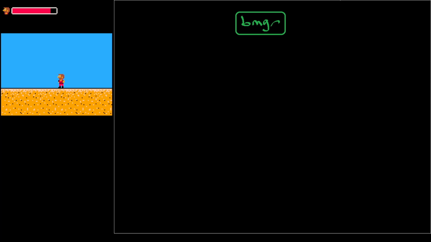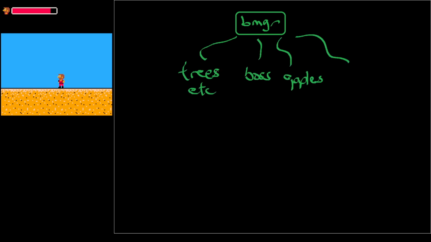Up until now, it's had these members, handling the trees and the boss and the apples that the boss throws. And for this one, I added a new part that I refer to as the bits, which is when the trees explode, they turn into little bits.